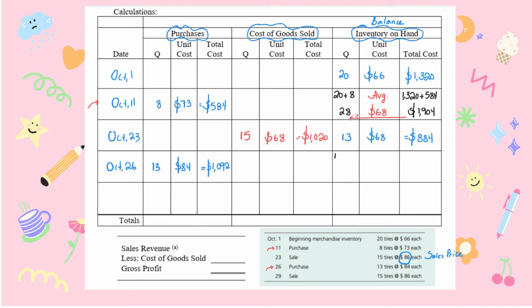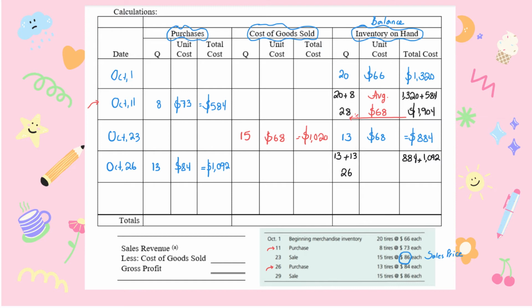So I'm gonna add the units, 13 plus 13, it's gonna be 26 units. And I'm gonna add the total cost. So the first 13 units, total cost was 884. The next 13 units, the total cost was 1092.